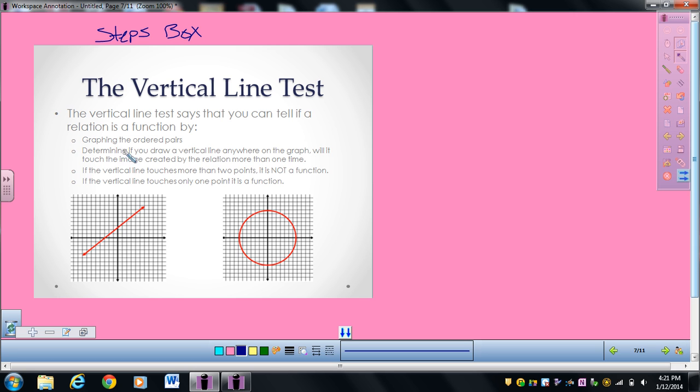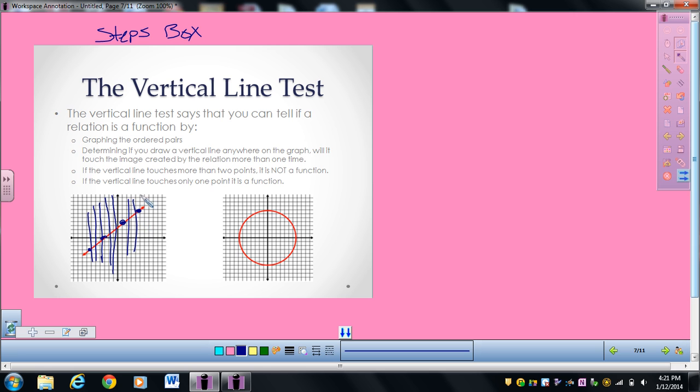And basically what the vertical line test says is, here's a bunch of points that I had in my relation. And I connected the points by drawing a line, connecting the dots, right? Now, if I were to take a vertical line and draw it anywhere on here, doesn't matter where it is, I could draw a million of them.